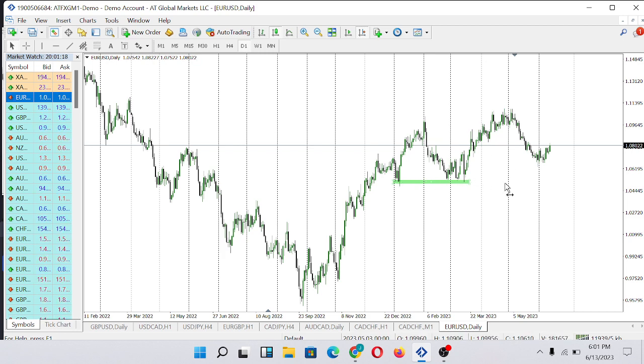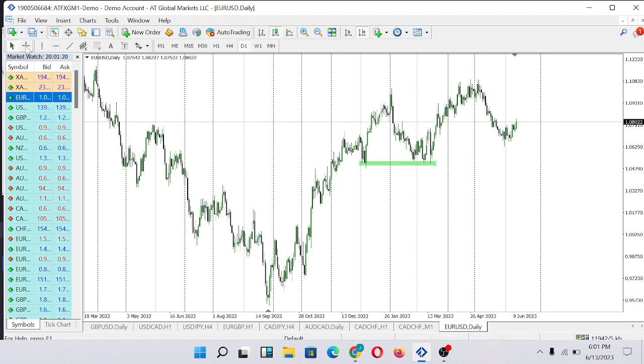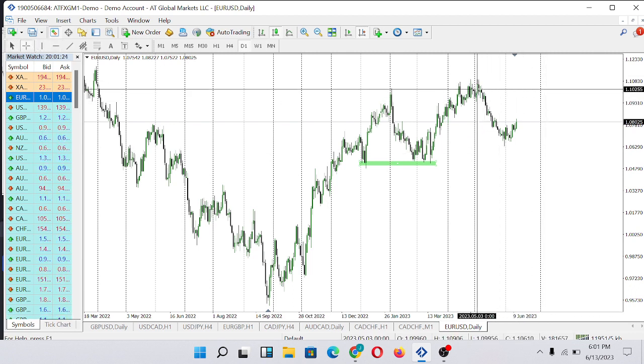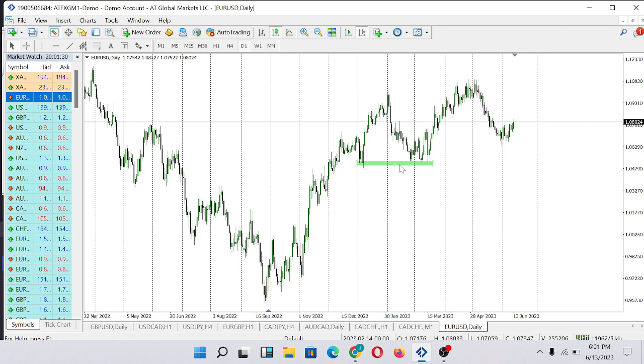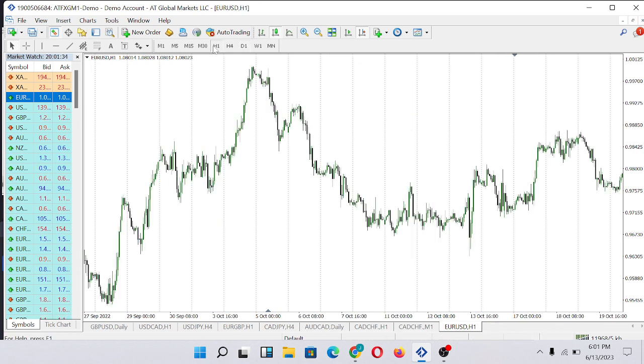So it's equal here, but it broke this zone and made a higher high here. So it's actually an uptrend market. So if you've confirmed that the trend is an uptrend, what you do is just come here.